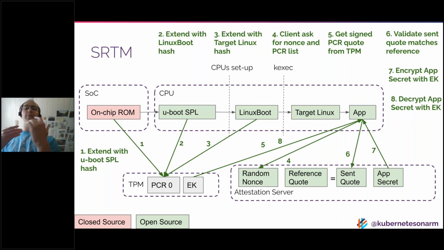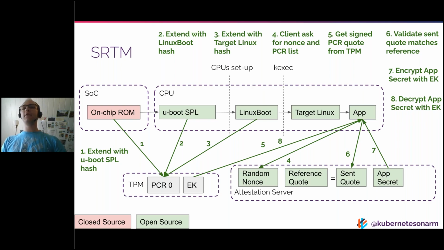Then U-Boot SPL measures Linux boot and extends that to PCR0 in the TPM. The hash changes. Linux boot does the same for the target Linux, and so on. So this builds a chain of hashes of what has been booting next before actually executing the next thing.